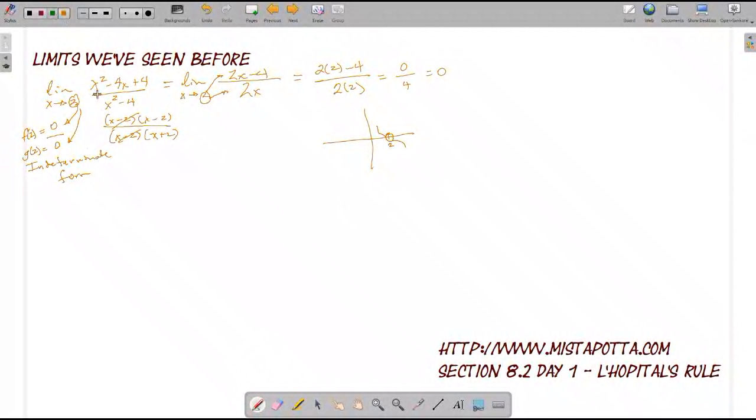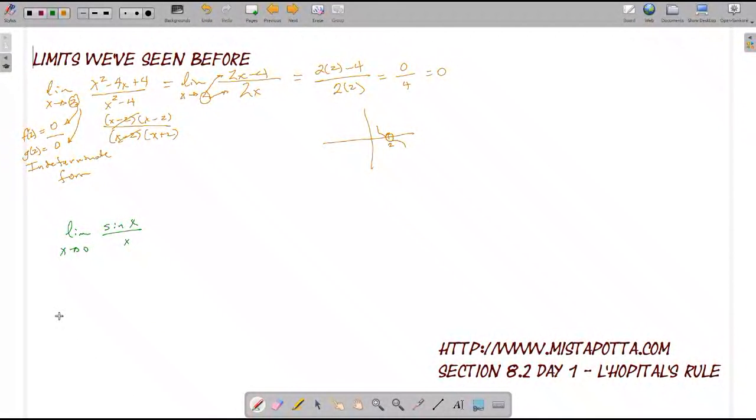I wanted to do one more example that we did. This is one that we've seen quite a bit, and one that tends to show up on multiple AP exams in lots of different forms. The limit as x approaches 0 of sine of x over x.